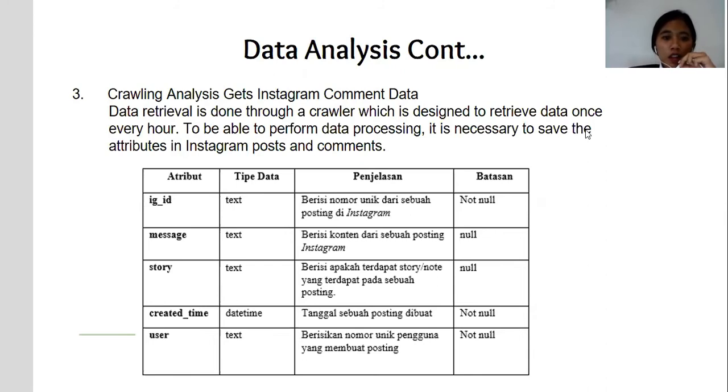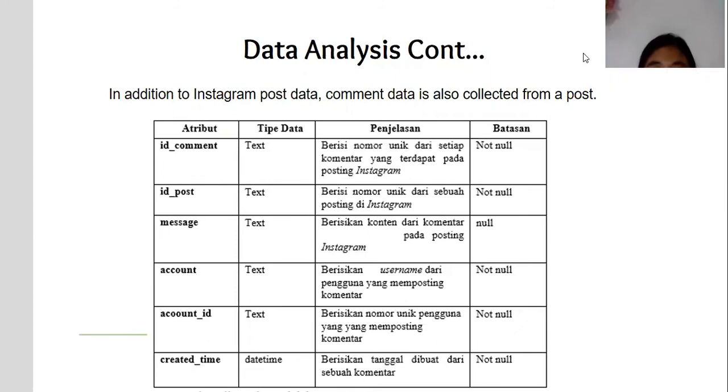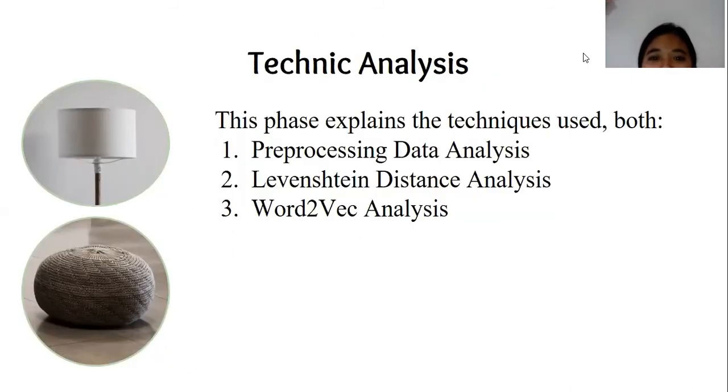The attributes are ID, message, story, created time, user. In addition to Instagram post data, comment data is also collected from a post. The attributes are ID comment, ID post, message, and created time.